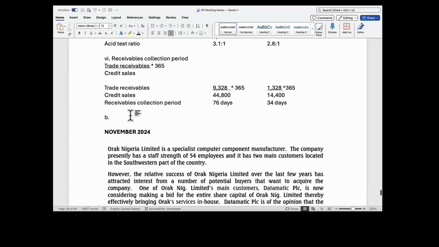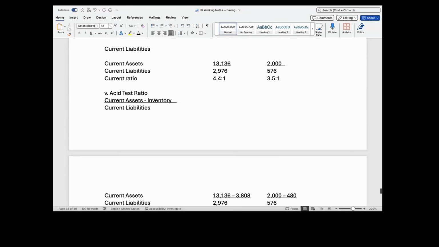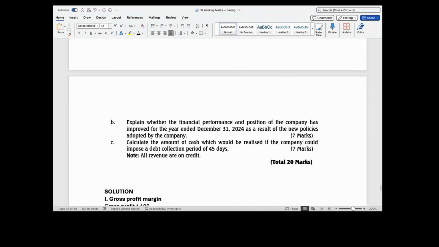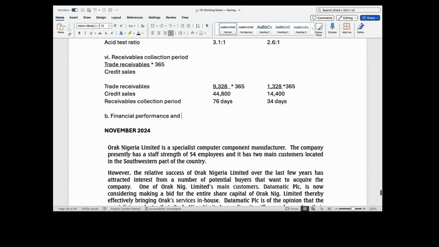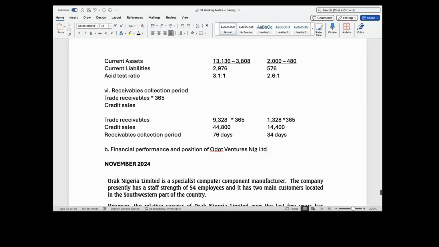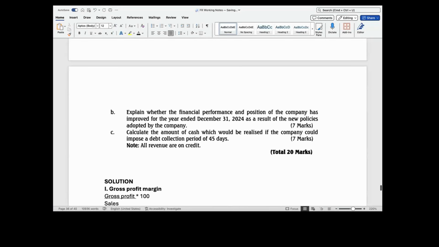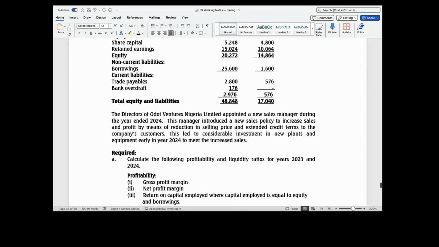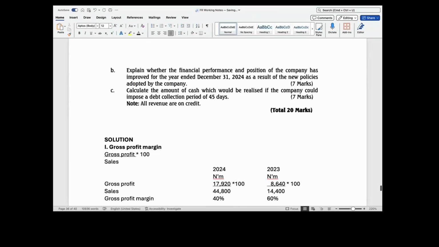So now, I want to talk about the financial performance and position of ODOT Ventures Nigeria Limited, correct.